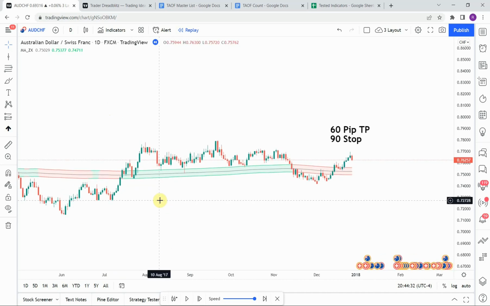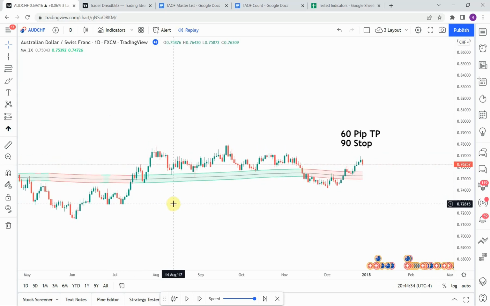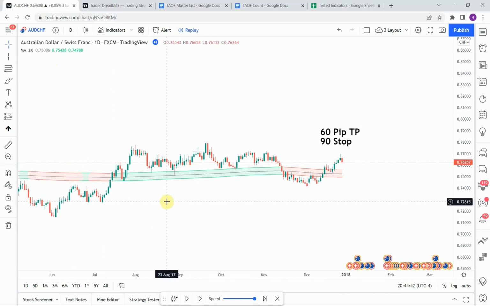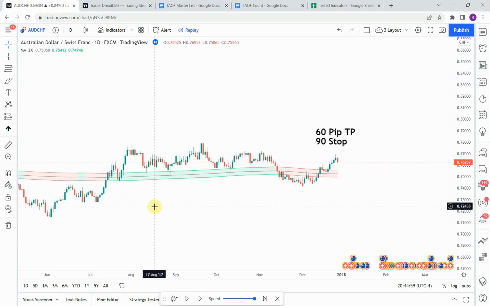So what exactly are we looking for with this particular one is first and foremost is going to be that color shift in the band or the channel. And so when we have a solid red or the two reds, then we are looking for short trade opportunities. When we have the solid green, then we are looking for long trade opportunities.